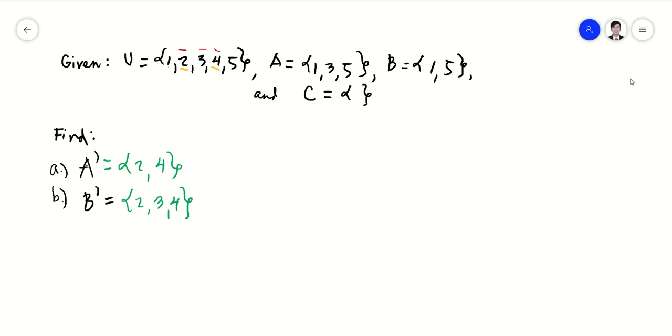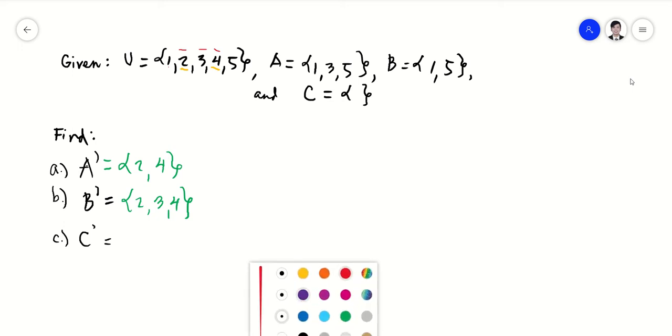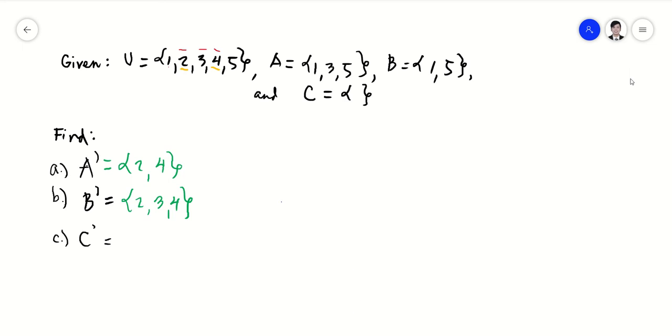Okay, how about C? What if we're asked to find the complement of C? Same process. You have to compare the universal set with C. But looking at our C, C is an empty set.